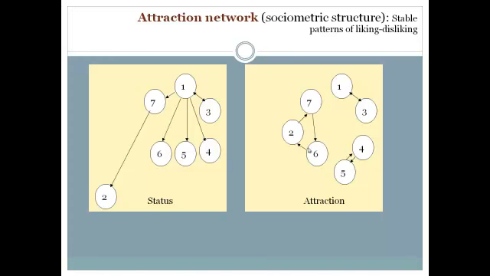You can see certain patterns here. 2, 7, and 6. 2 is attracted to 7, 7 to 6, and so on. This is the pattern of liking here. 4 and 5 like each other, and 1 and 3 like each other. So you have like 3 separate subgroups here in terms of attraction.